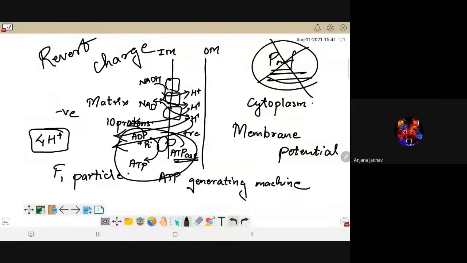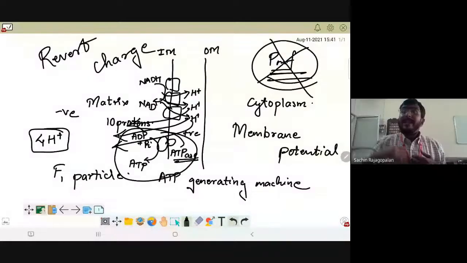Yes, sir. Okay. So how many protons did I throw out during one NADH? 10. Right? And how many protons do I need to take in to make one ATP? 4. So if I have to calculate how many ATP I can make from one NADH, is it difficult now? No, because I know that to synthesize 1 ATP, I need 4 protons to be taken in. I have thrown out 10.